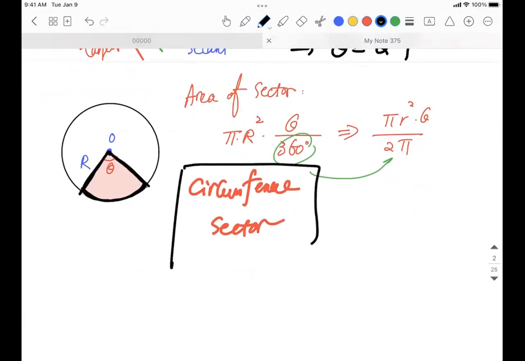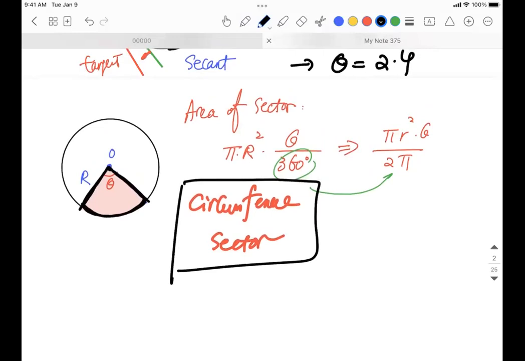Who can tell me? It's 2 pi r times theta over 360 plus 2r. Or 2 pi, yeah, plus 2r. This is quite understandable, right? These are basic stuff, right?